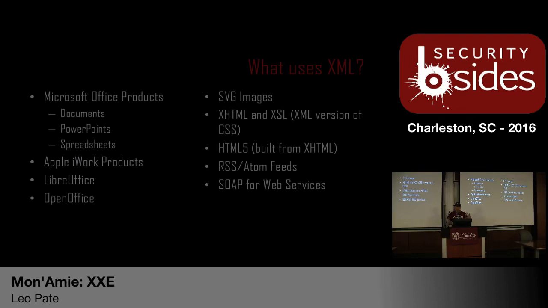There's actually XHTML and XSL, which are the XML versions of HTML and CSS. And then you have HTML5, which is becoming the new standard and is built directly from XHTML. RSS and Atom feeds are also XML based, as well as SOAP for web services. There are many, many more that are also XML based, but these are the ones most commonly used.